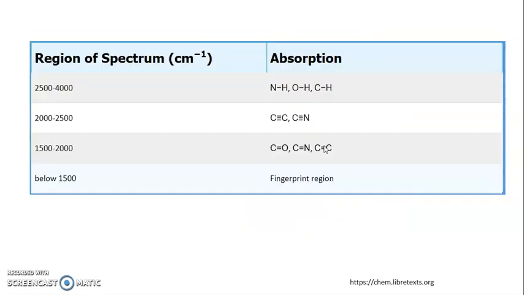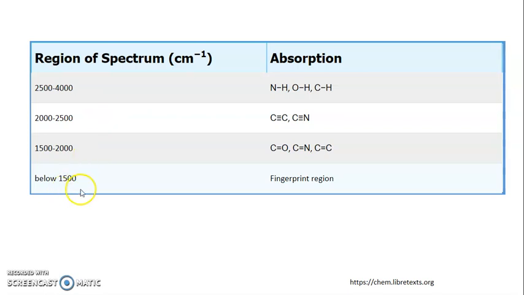Here is given a list of the characteristic absorption frequencies of some prominent functional groups. So, if we are having group frequency concept, approximate frequency of many functional groups can be identified.